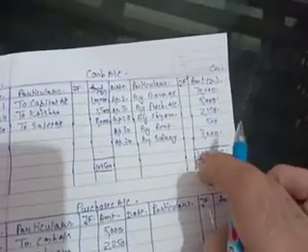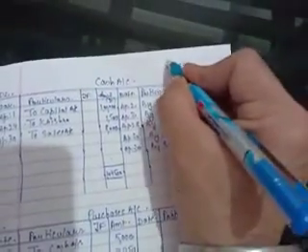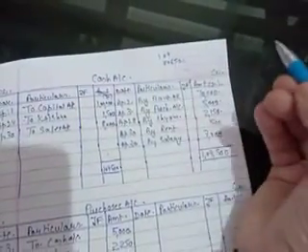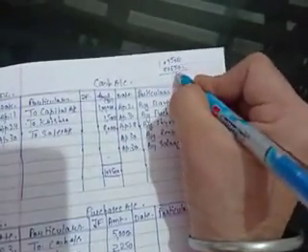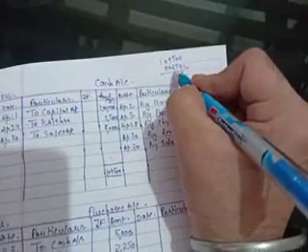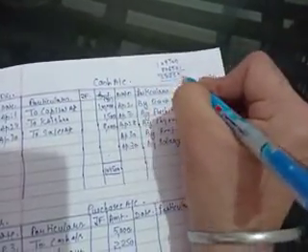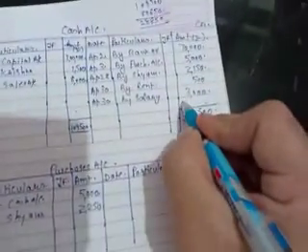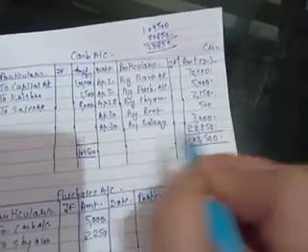Now find out the balancing figure. Balancing figure means this amount minus all these amounts. So this amount total is 80,650. Subtracting it from 1,09,500, we get 28,850. We will put this amount here, 28,850 rupees.